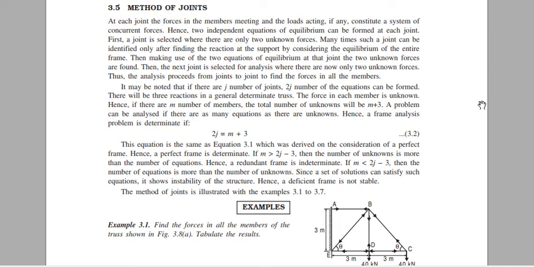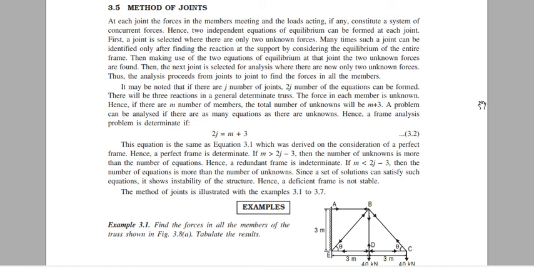Then making use of the two equations of equilibrium at that joint, the two unknown forces are found. Then, the next joint is selected for analysis where there are now only two unknown forces. Thus, the analysis proceeds from joint to joint to find the forces in all the members.